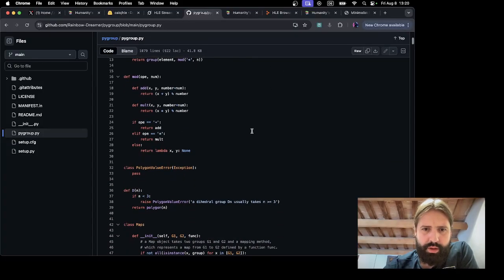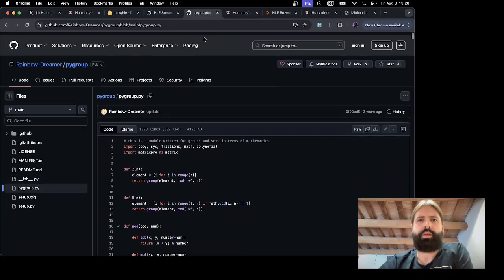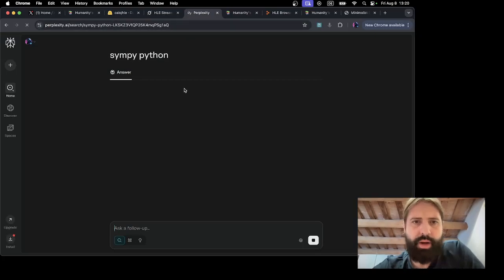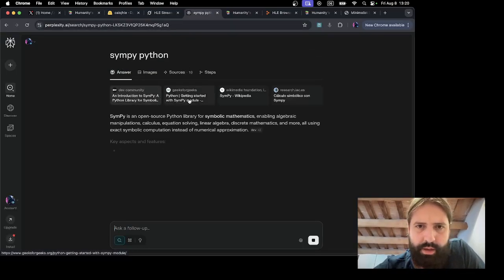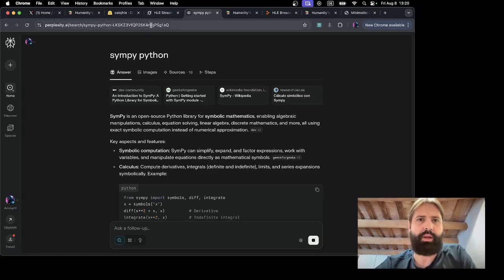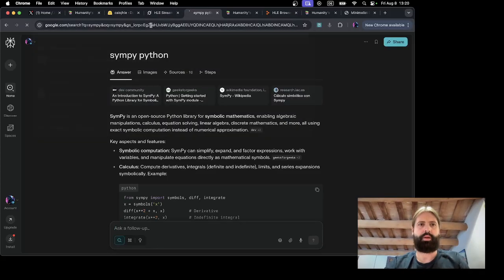Oh, SymPy. So what can you do in SymPy with groups? Why is there no direct link to SymPy?